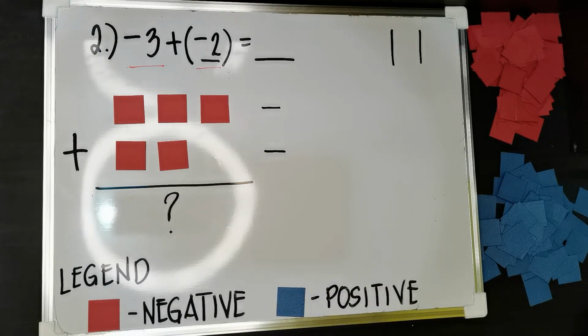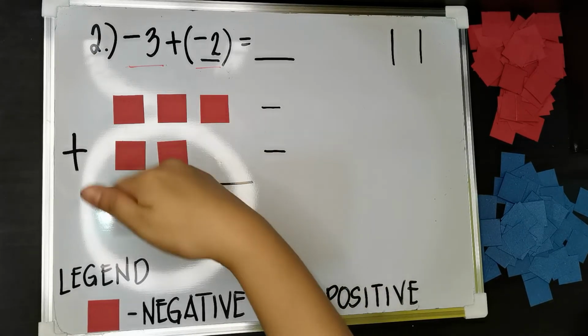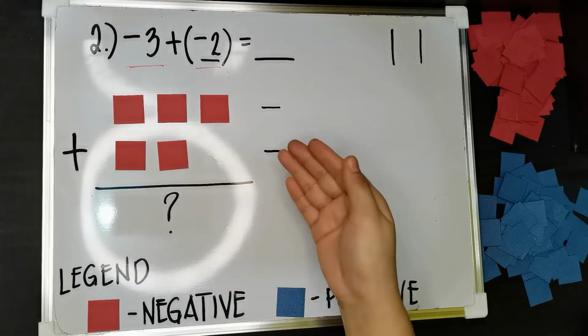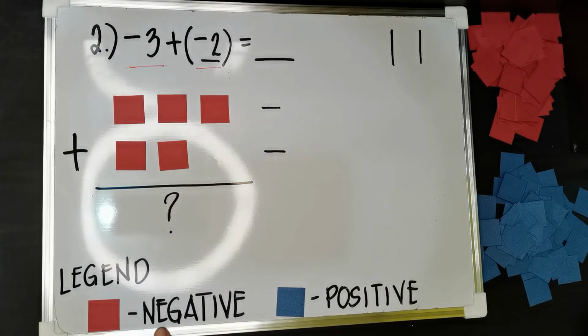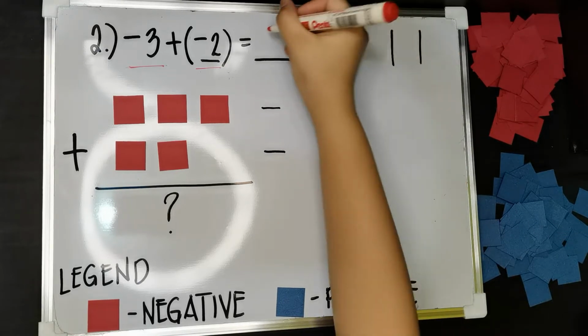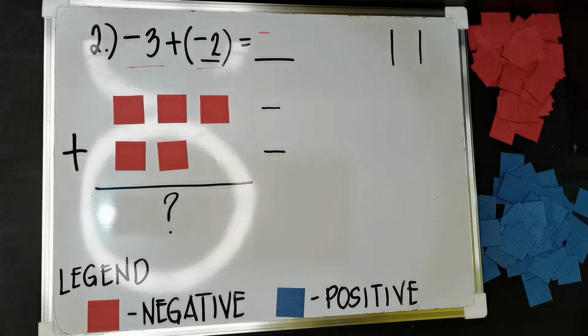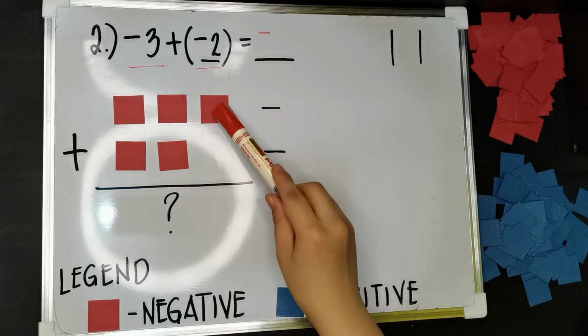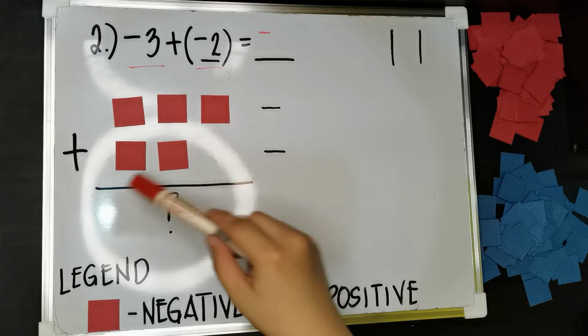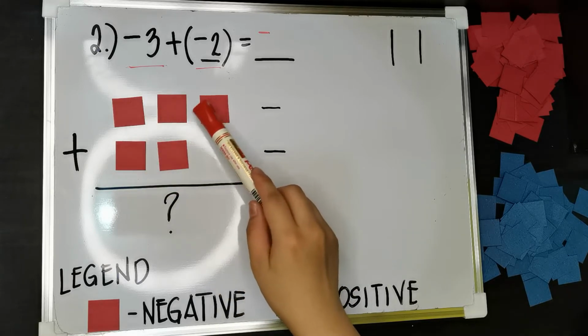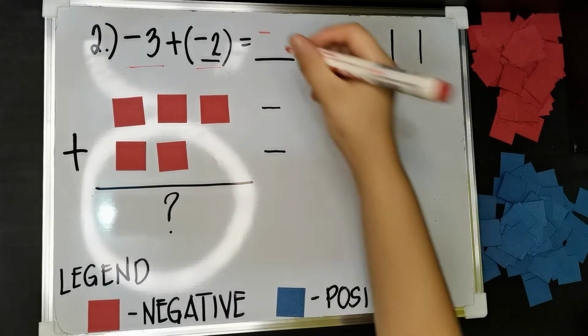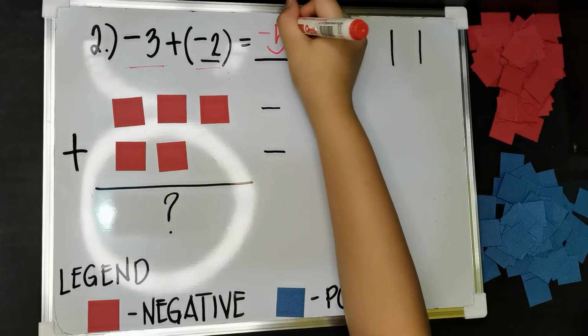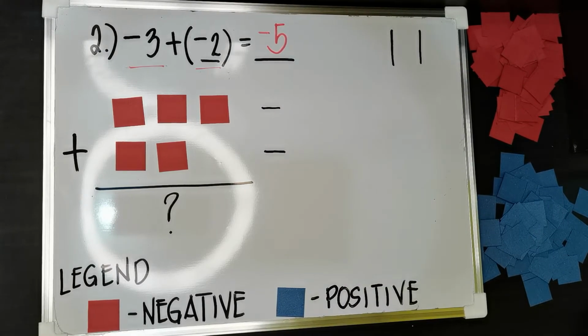Now, in adding integers, dahil lahat naman yan red, which denotes negative, our final answer will be negative. And then you just count the tiles. Okay? Bilangin mo lang lahat. So, this is 1, 2, 3, 4, 5. Therefore, your final answer is negative 5.